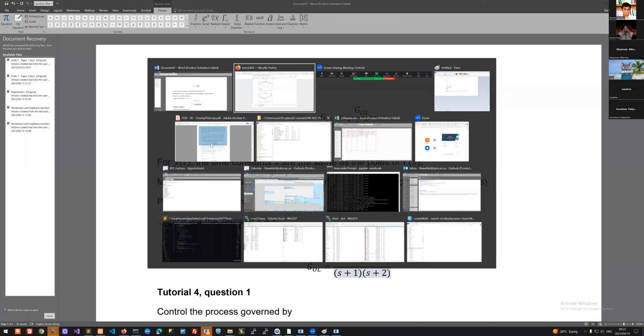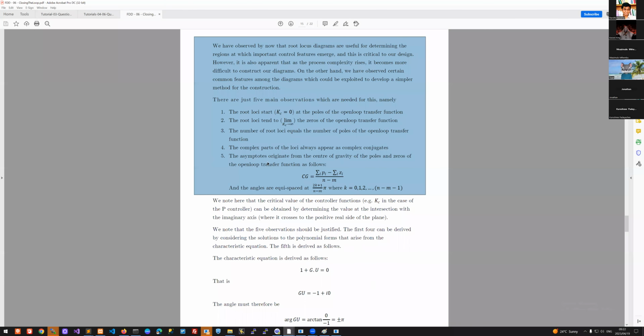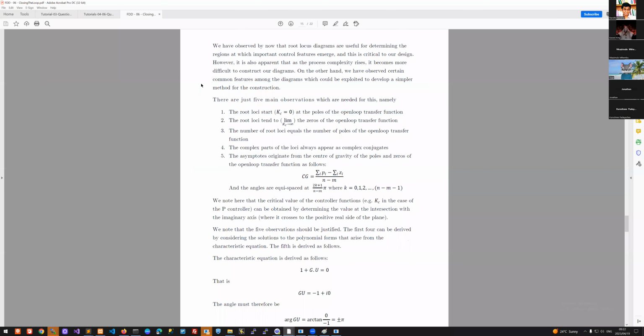So we had said we have these 5 principles. We look at when Kc equals 0, what are the values of S? When Kc goes off to infinity, what are the other values of S? We also use the fact that the number of root loci equals the number of poles.